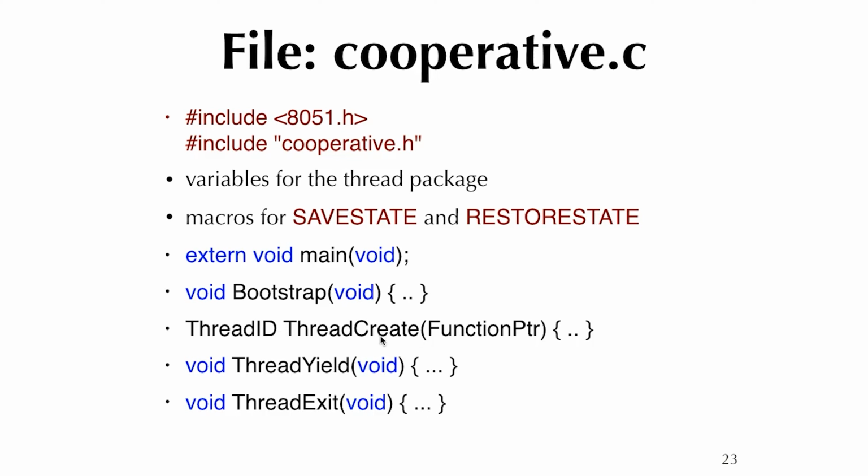So thread create is a core function, and thread yield basically is doing the saving state, restoring state, with the scheduler in between, picking the next one to switch to. Thread create is really to set up the context so that it's ready to be restored, or returned to. But it's just setting up the context. And exit, we'll just do a placeholder for now.